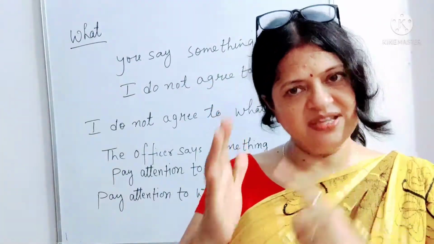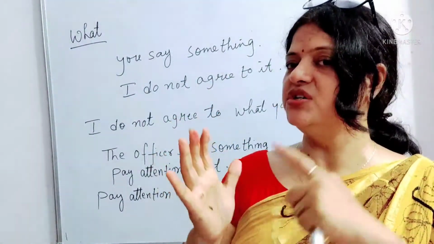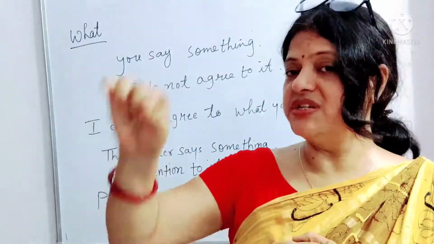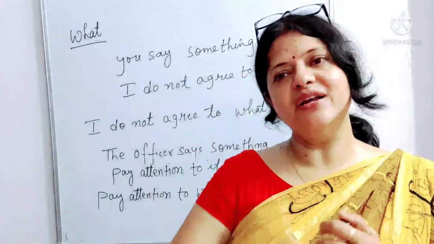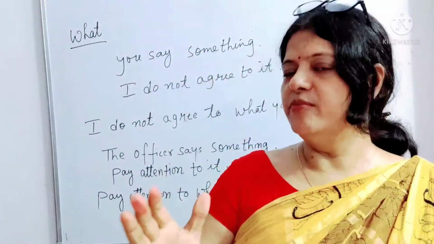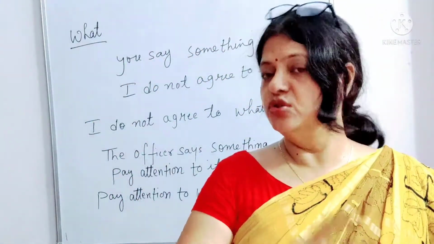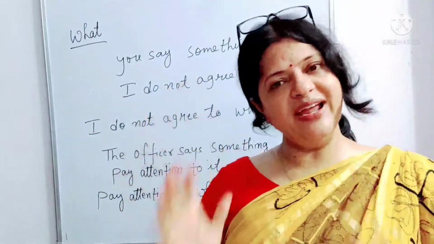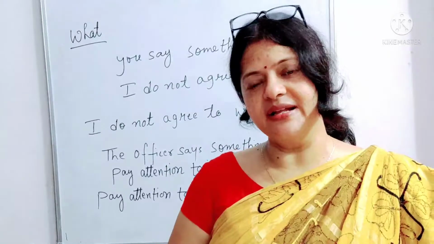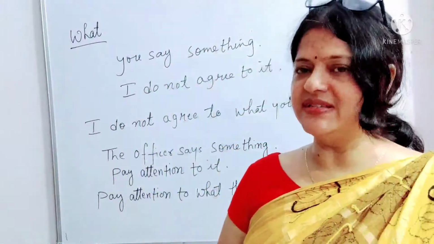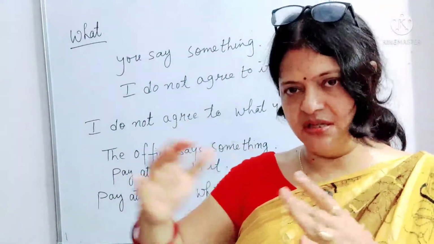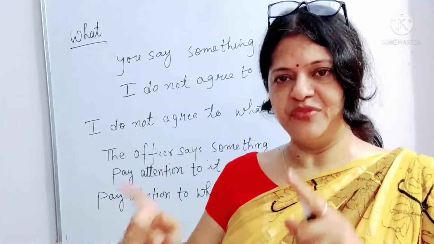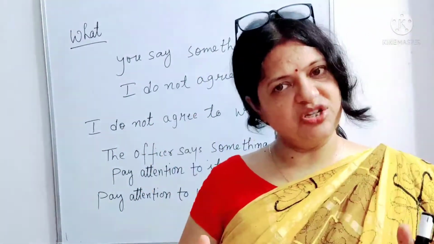If the sentence ends with on it, to it, in it, first of all, we will remove only it from the sentence, not the preposition on, in, to. And in the second sentence, the word something must come.